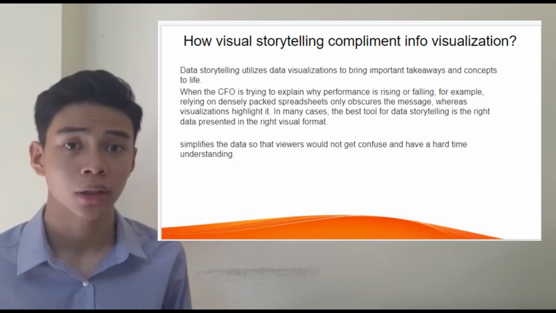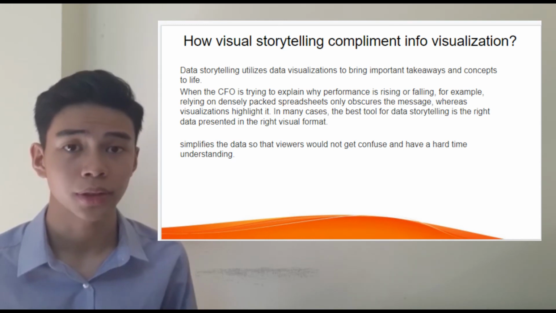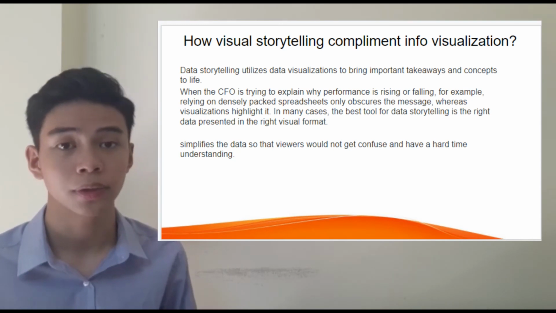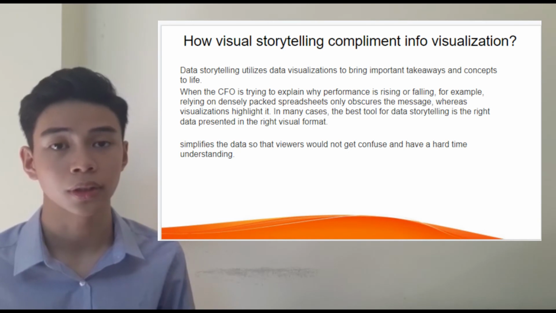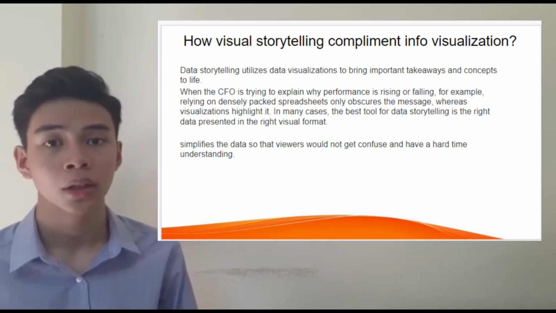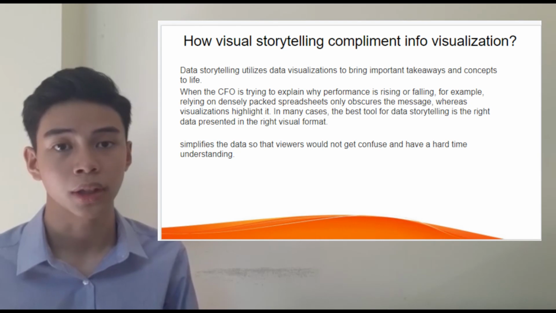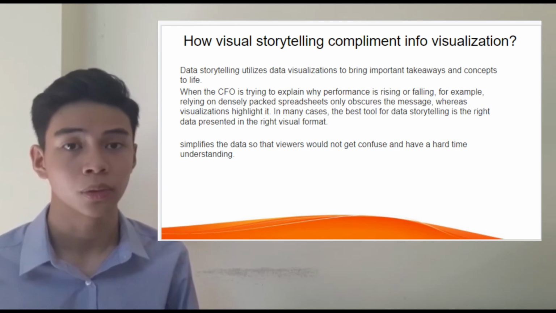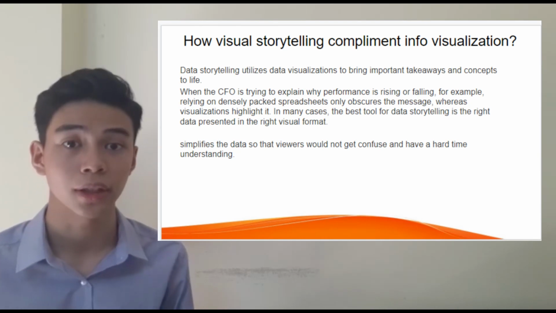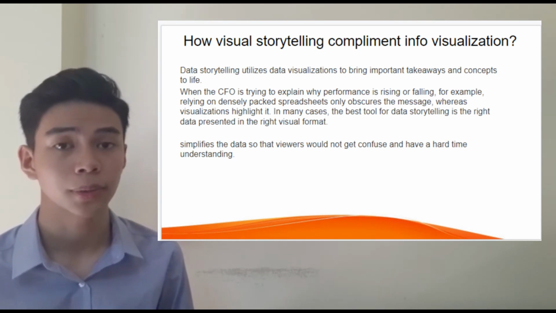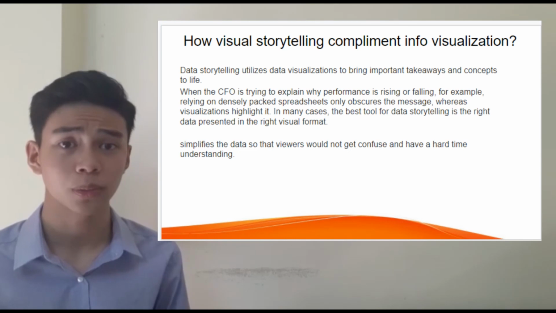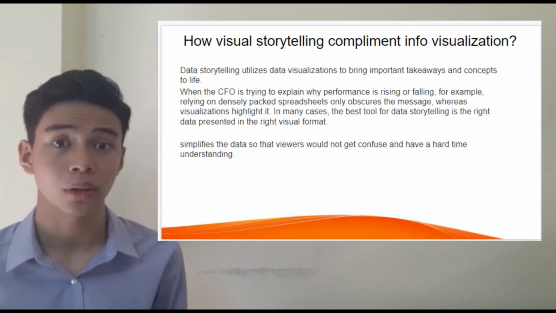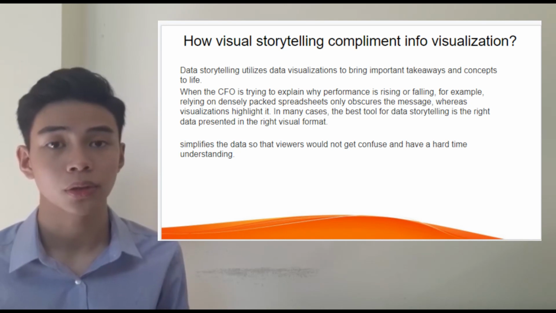It implies that the data delivered, even if it's complex, even if there are many numbers, people will not get confused and will not have a difficult time understanding the data. Using only graphs or charts in some cases is not enough because there is too much data. People will have a hard time remembering because there is too much information being processed.